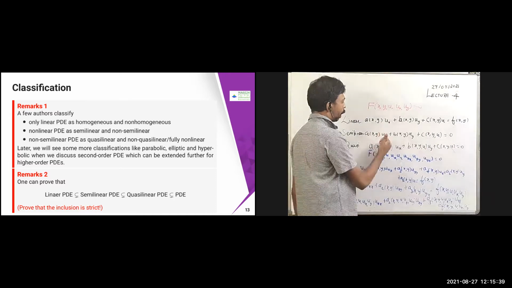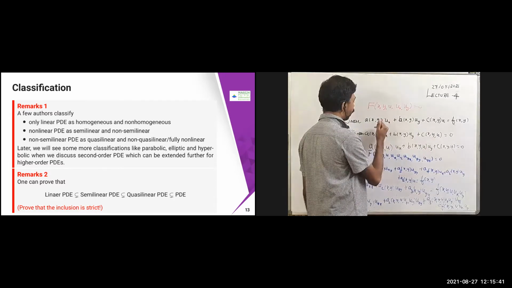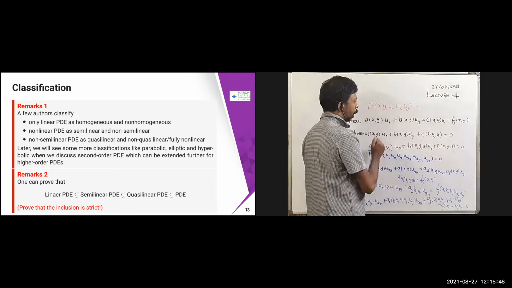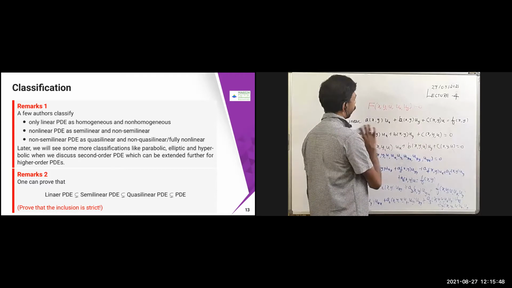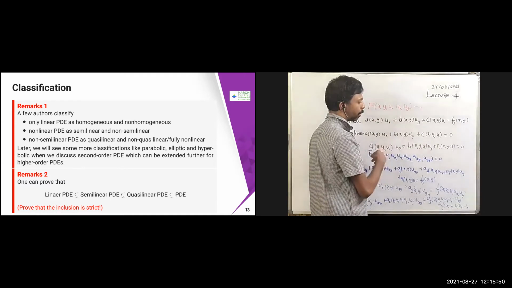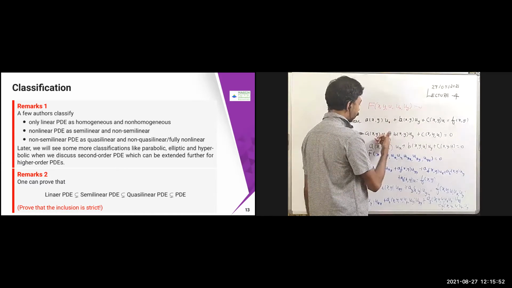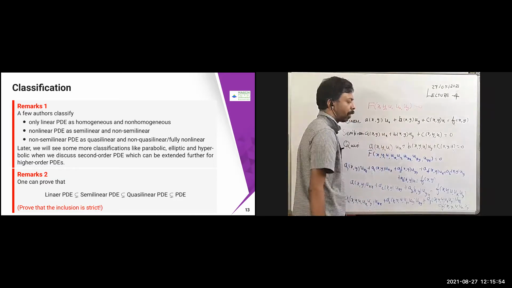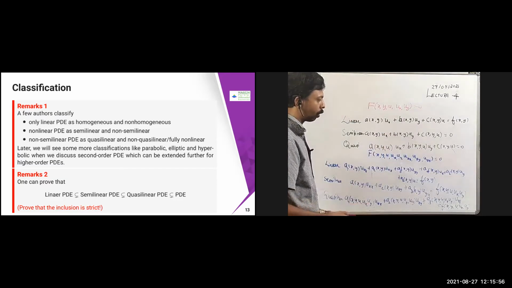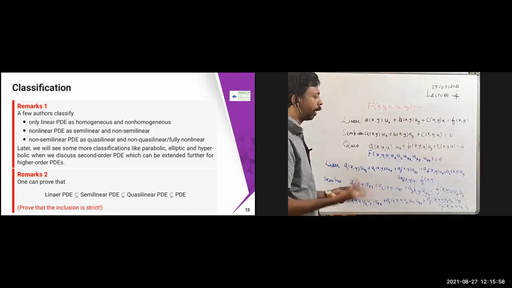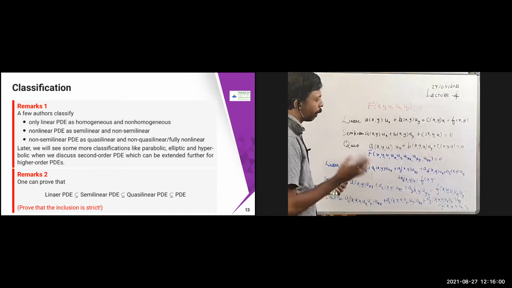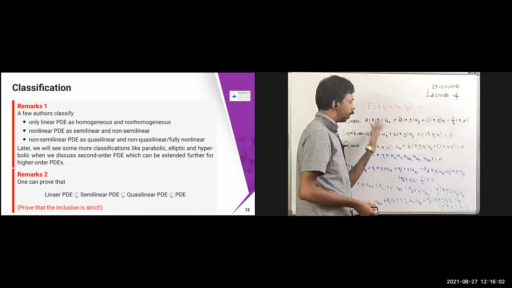By default, as per this definition, linear implies semi-linear, and semi-linear implies quasi-linear. And if it is non-quasi-linear, they classify it as fully non-linear. It depends on the authors, but it is not a problem.